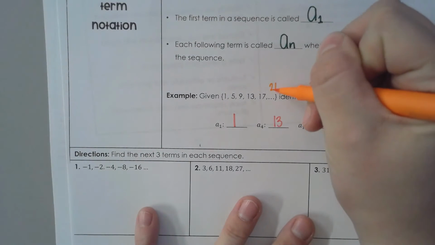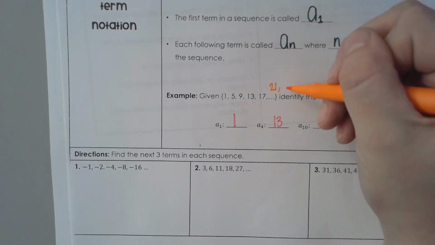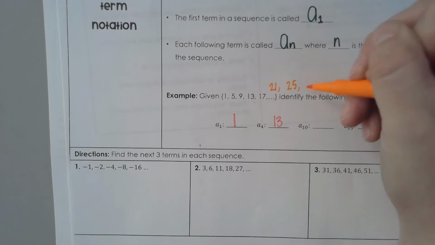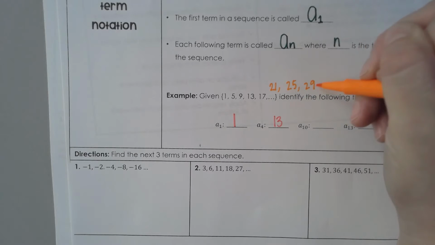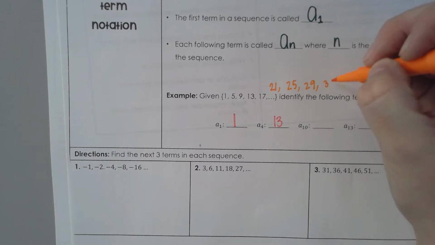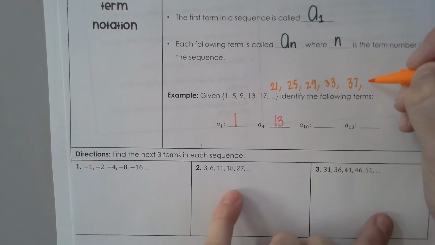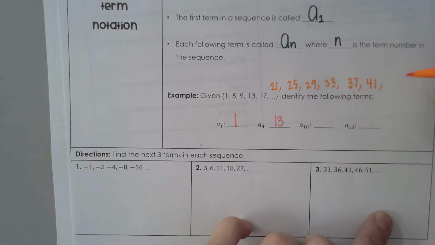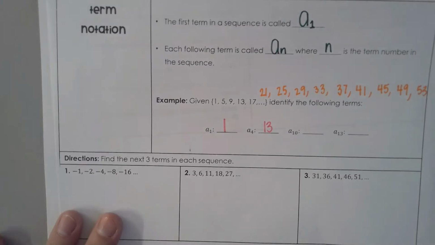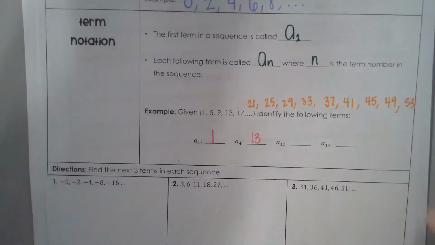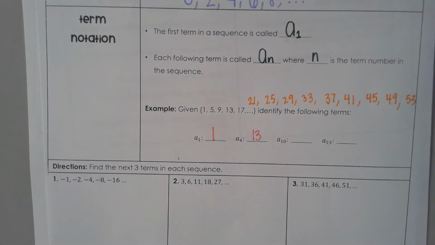So 21, 25, 29, 33, 37, 41, 45, 49, 53. Okay, that's probably enough. And it keeps going on forever.